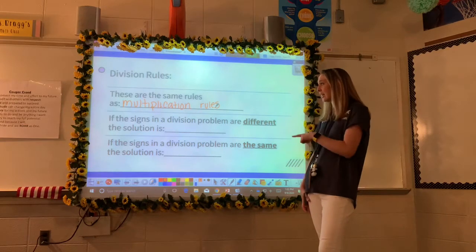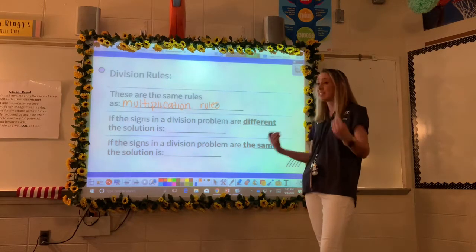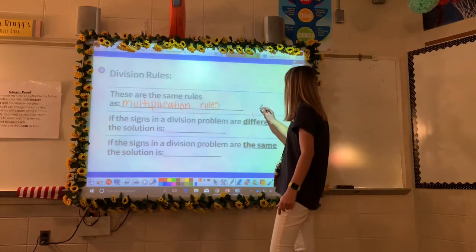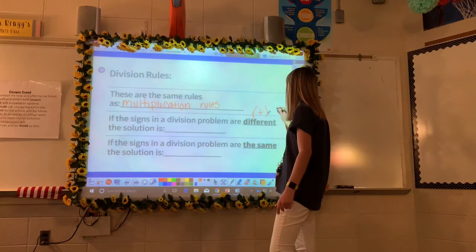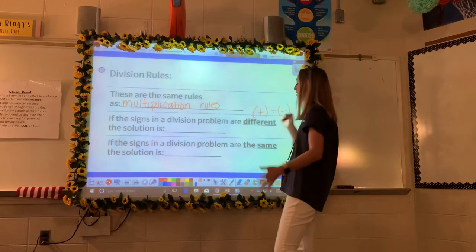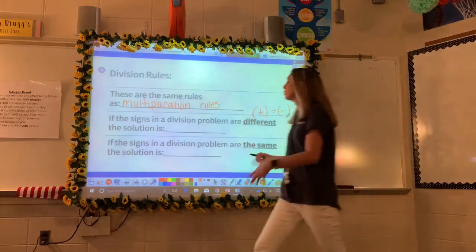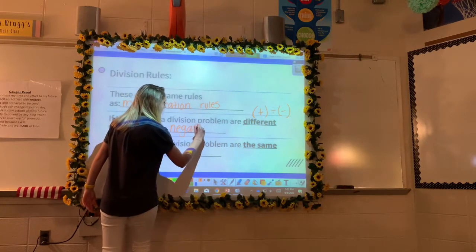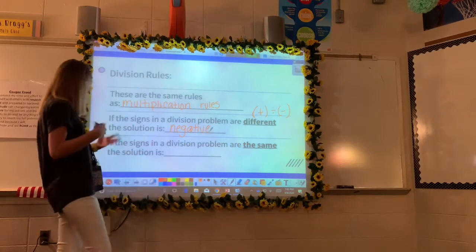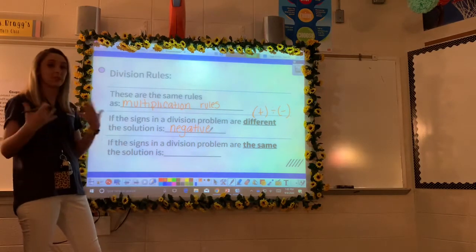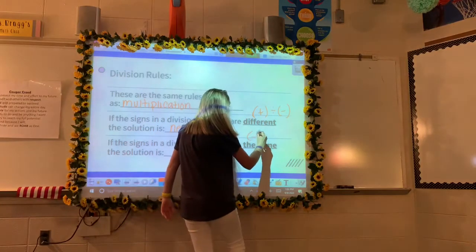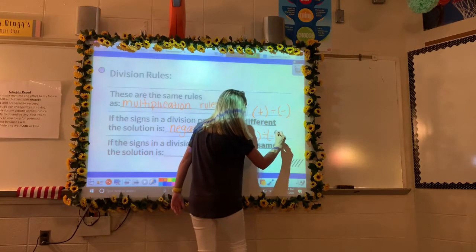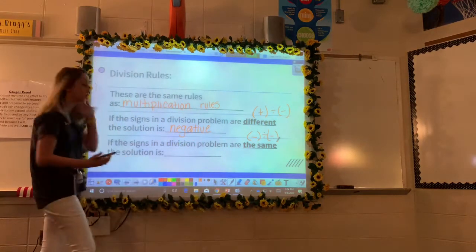Now, if the signs in the division problem are different, meaning a positive divided by a negative, then the solution is negative. And the same thing if the signs in the division problem are the same, like a negative divided by a negative, then your solution is positive.